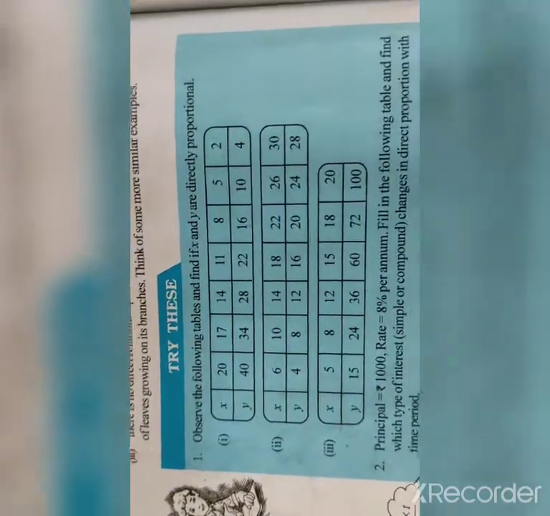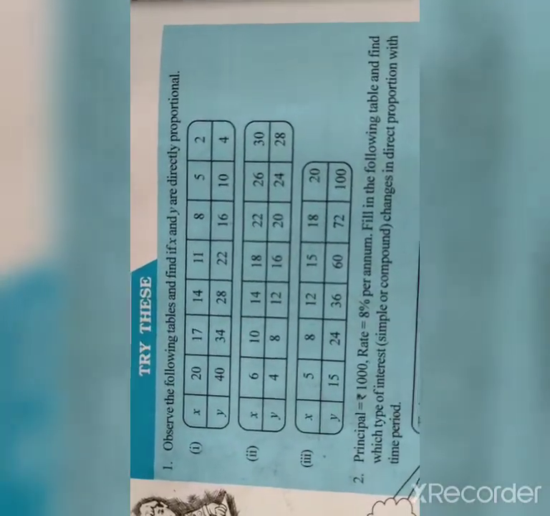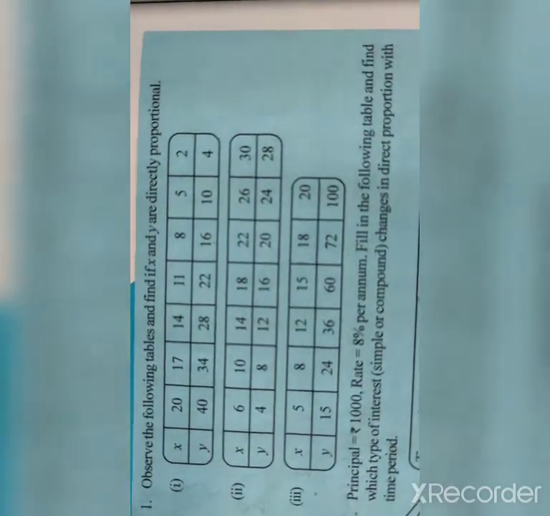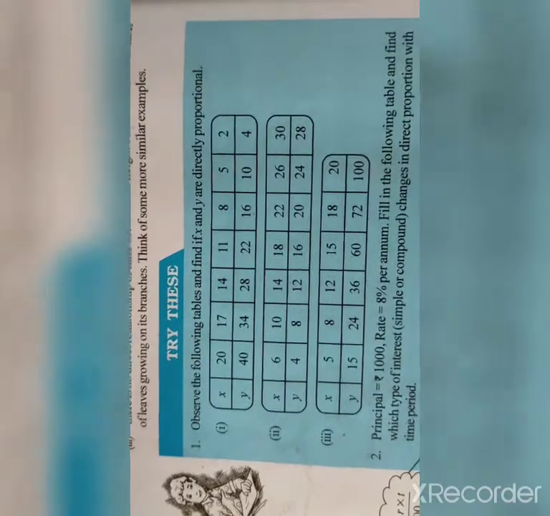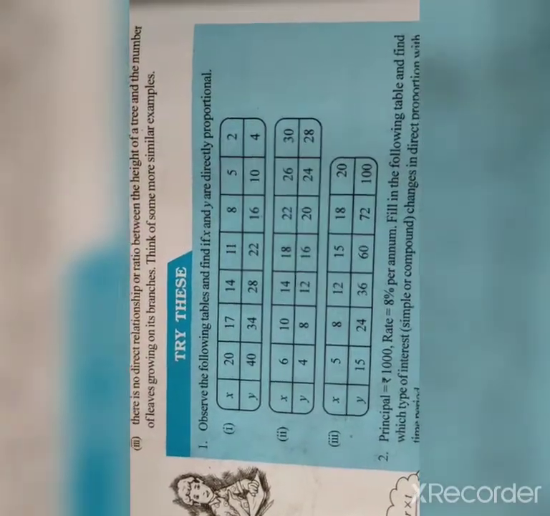Now observe the following tables and find if X and Y are directly proportional. See here, 20 ones are 20, 20 twos are 40. Then 17 into 2 is 34, so directly proportional. Now see, the ratio 6 is to 4 is 3 is to 2.